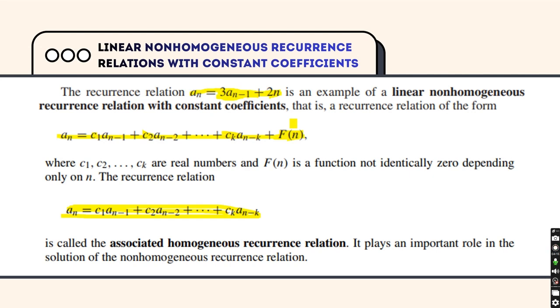The key idea of this theorem is that to solve a non-homogeneous recurrence relation, you need to break the problem into two parts. First, solve the homogeneous part, then find one particular solution of the whole equation, and then add them together.